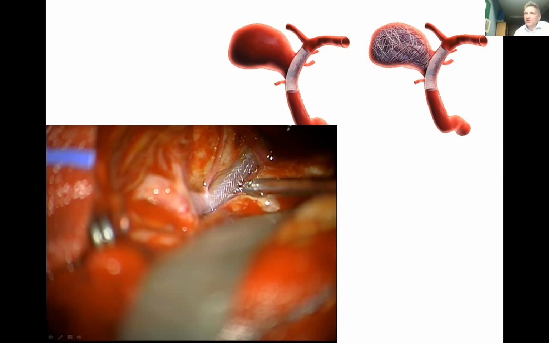You can still have blood flow passing through the stent, so branches can be maintained because they drag flow through and will stay patent, but something blind ending like this would gradually thrombose. But again, it was too complex due to the nature of this particular patient's aneurysm to do that.